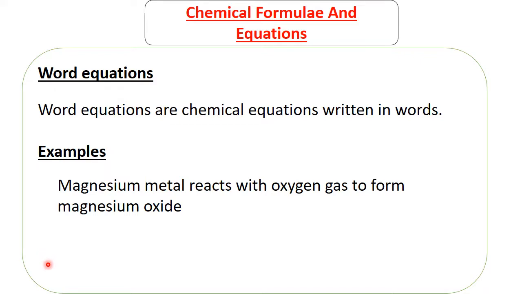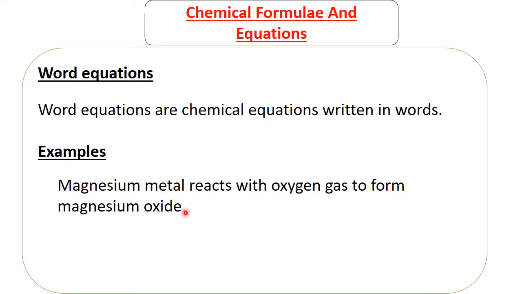So how do we do that? For magnesium metal, we write magnesium. Since it's a metal, it means it's a solid in this case, so I have to show the state symbol. Then reacts with oxygen, reacts is going to be plus. With oxygen gas, we write oxygen, and the word gas shows that it is in a gaseous state, so we use g to represent this. To form, we use the arrow to show that something is being formed.